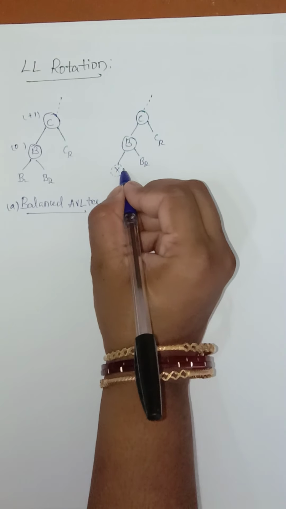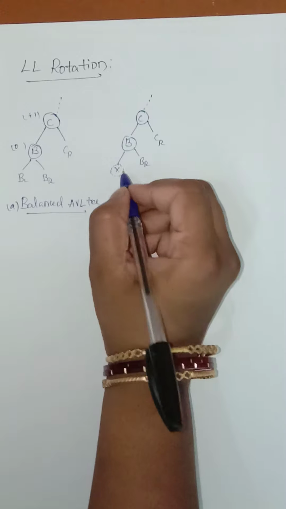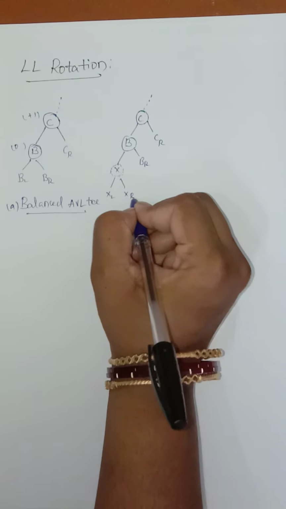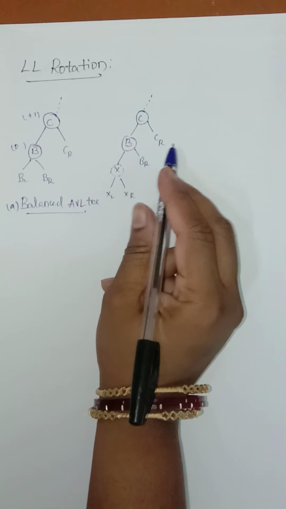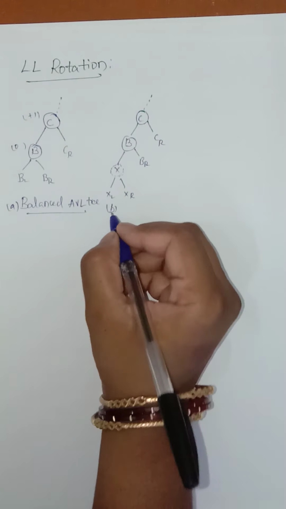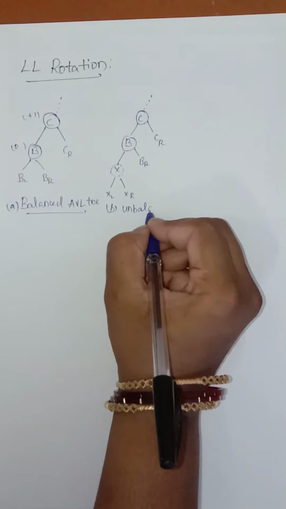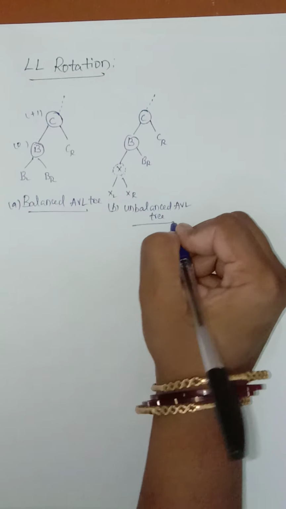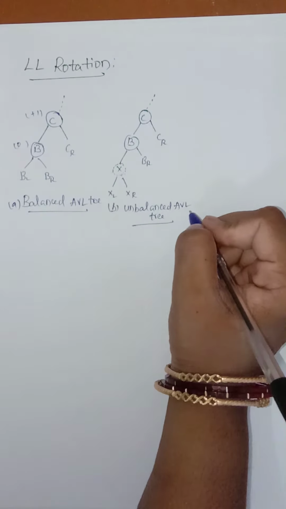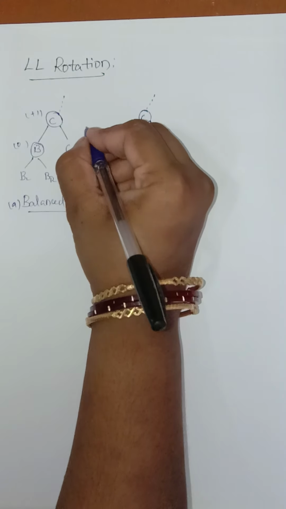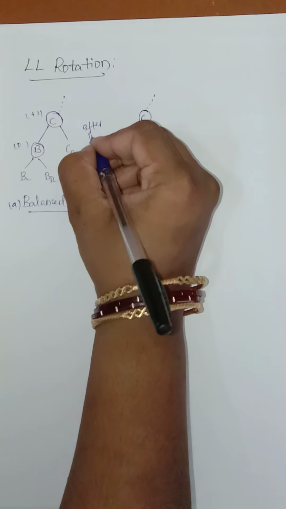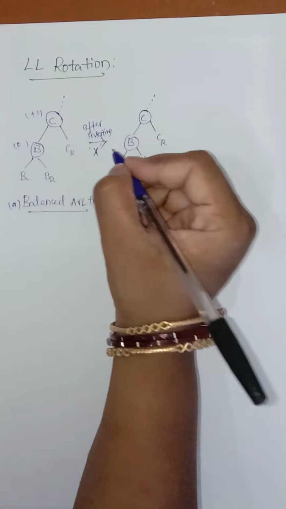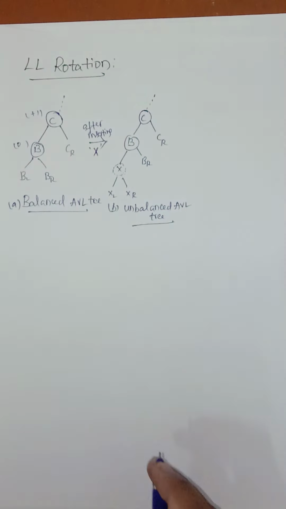I am showing it with a dotted representation because this makes the tree unbalanced. So this is an unbalanced AVL tree. After inserting the X element, the tree became an unbalanced AVL tree.